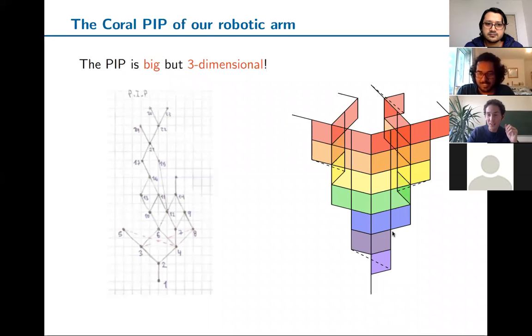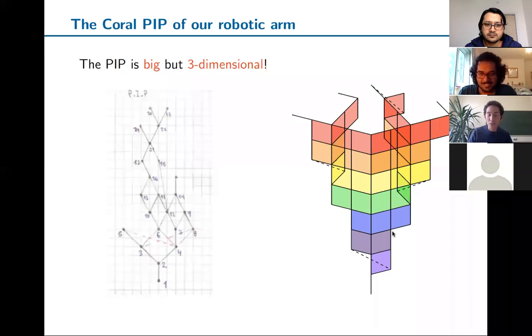One of them was an undergrad student in Colombia, who is the one making all these pictures, and he was the one playing with these maps a lot. We were using his pictures and his intuition to try to understand how this works in general. This was his undergraduate thesis.